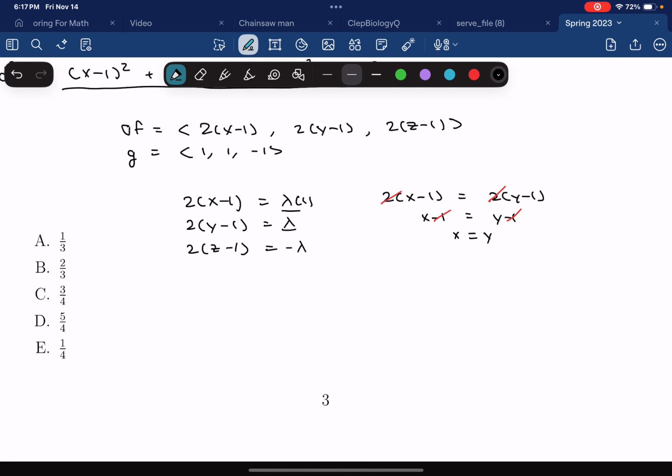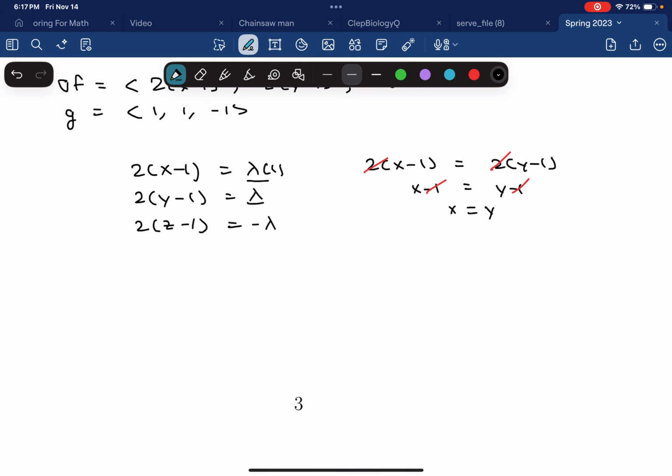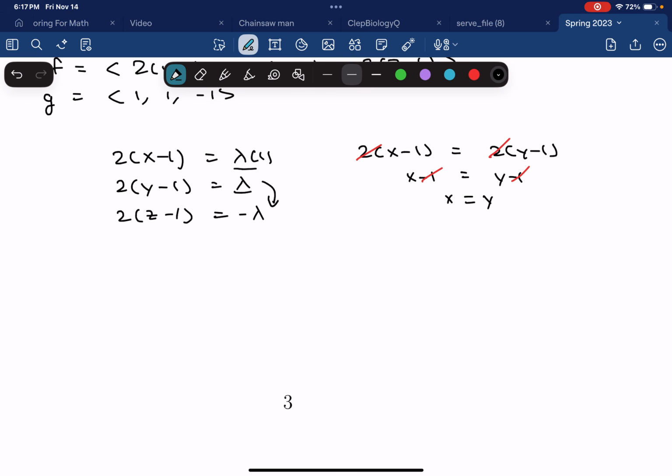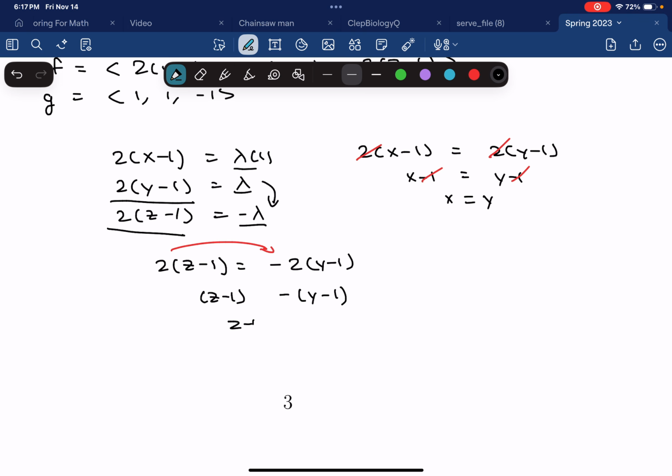And if you look at this, you'll also see that if you want to find what negative lambda is, you can just take the negative version of either of these. So I'm just going to say that 2 of z minus 1 is equal to negative 2 of y minus 1, which means that if I move the 2 over here, z minus 1 just becomes negative y minus 1. So z minus 1 would be equal to negative y plus 1.